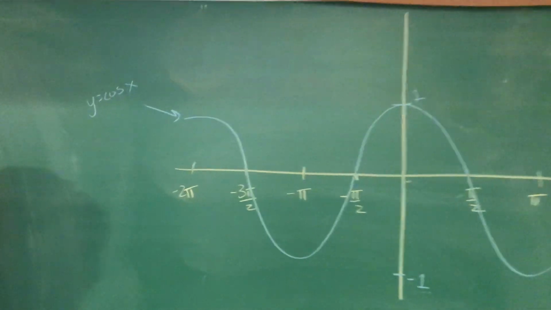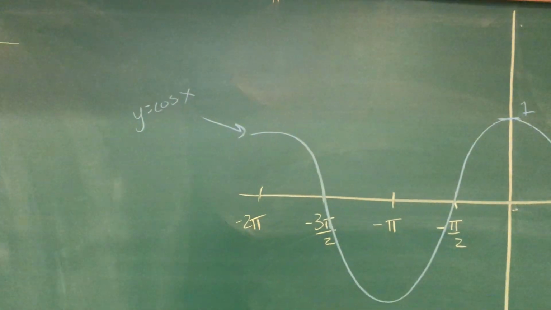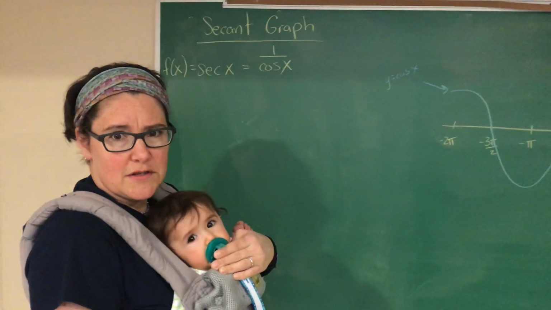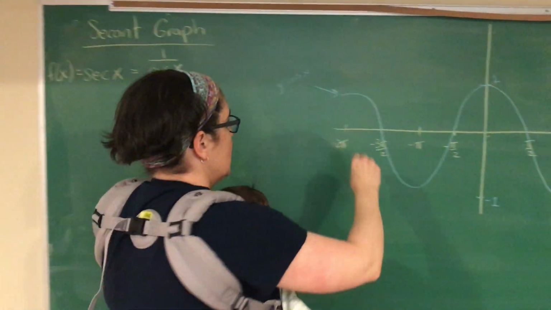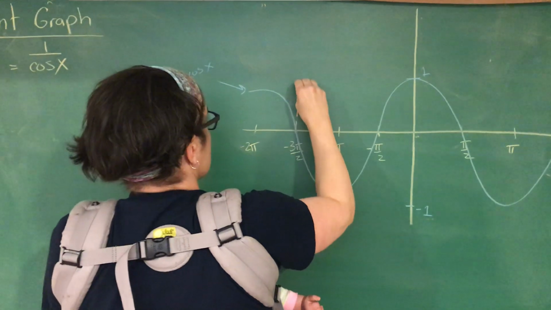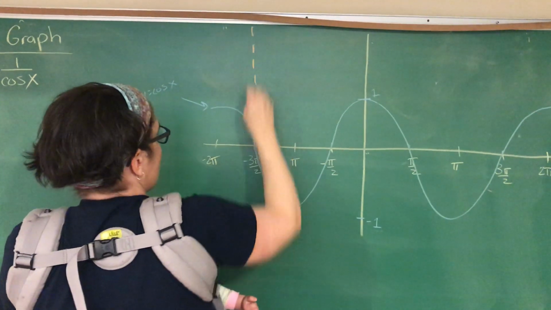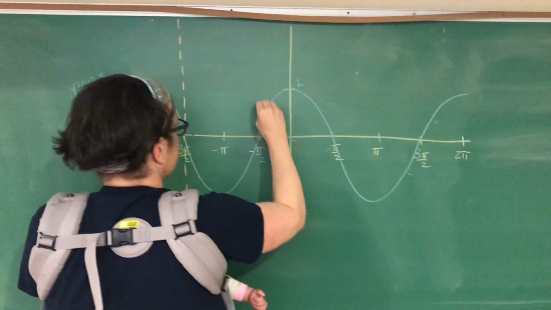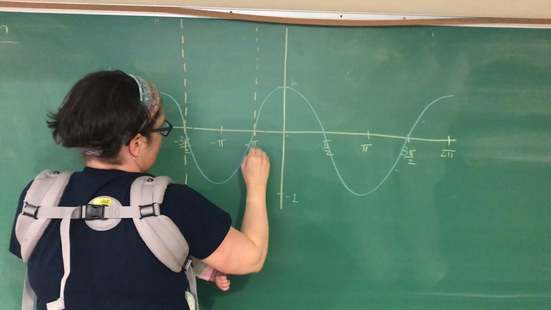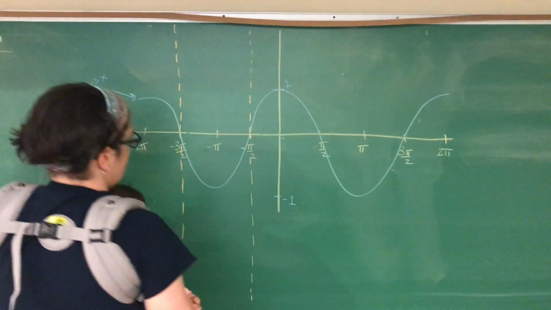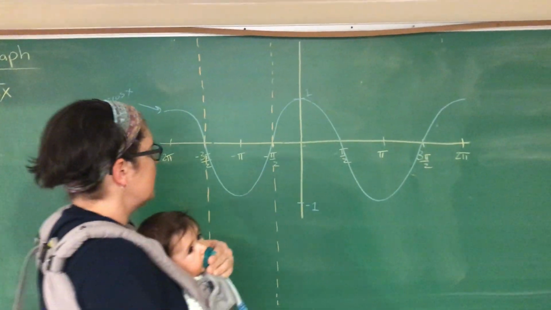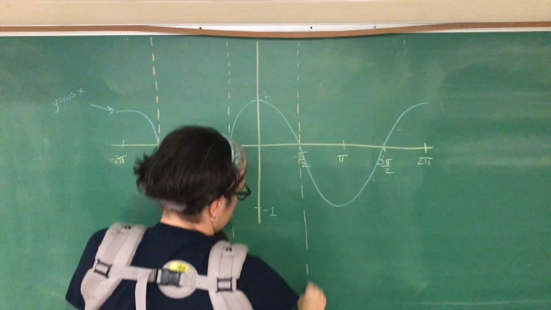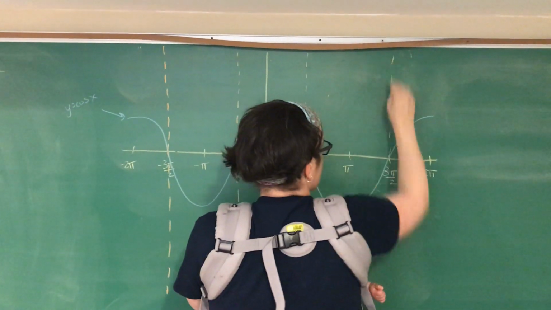And we want to think about reciprocals. So everywhere that our cosine function is 0, our reciprocal function, the secant function, will be undefined and will have a vertical asymptote. So we have vertical asymptotes at negative 3 pi over 2, negative pi over 2, positive pi over 2, and positive 3 pi over 2.